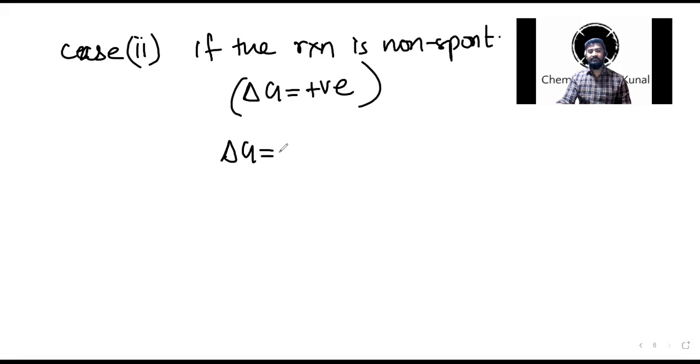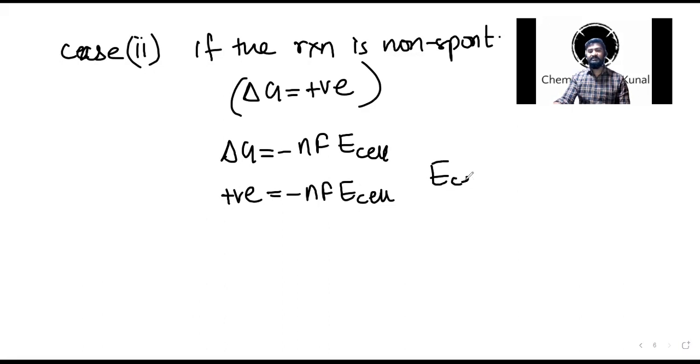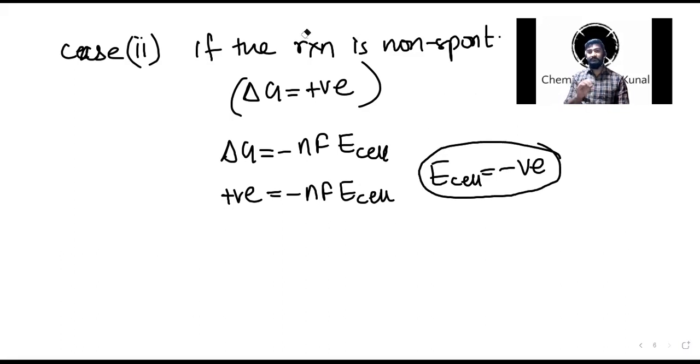So delta G is equal to minus NF E cell, and since it is non-spontaneous, delta G is positive, so E cell is negative. Whenever you get E cell as negative, you have to understand that the process will not happen on its own, right?